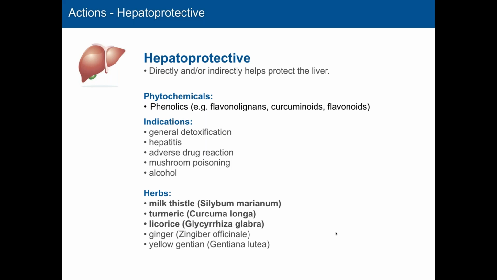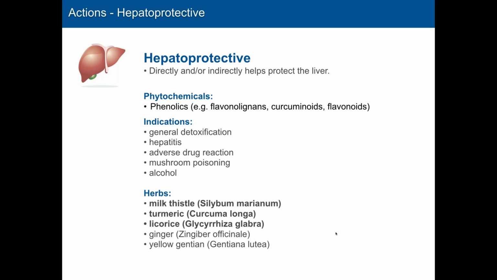The curcuminoids found in turmeric appear to have that hepatoprotective effect as well, by scavenging free radicals and also having an anti-inflammatory effect. And then flavonoids, which are found in most, I think probably every single plant has some kind of flavonoid in it. These also often will have a hepatoprotective effect as well.